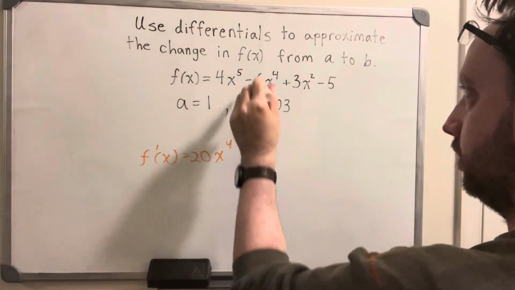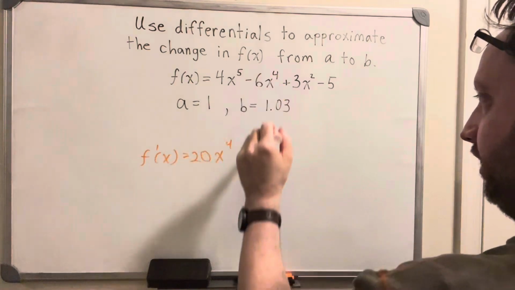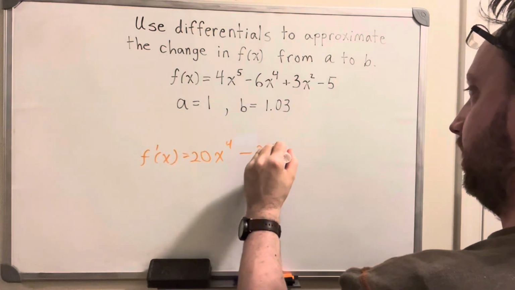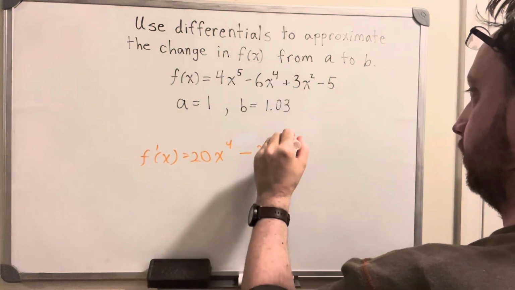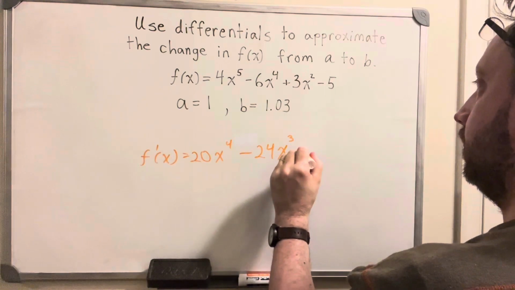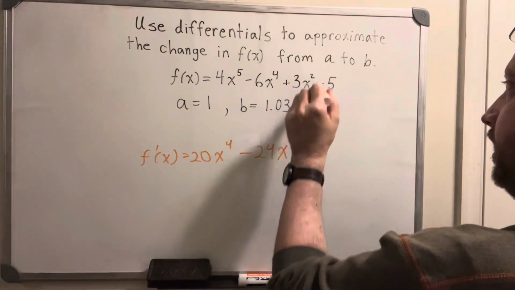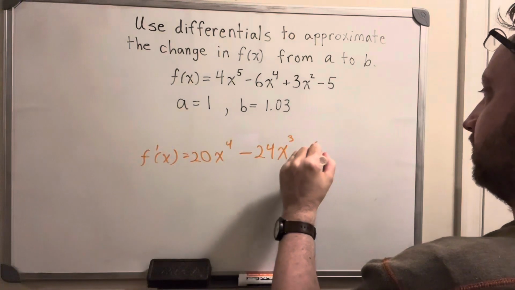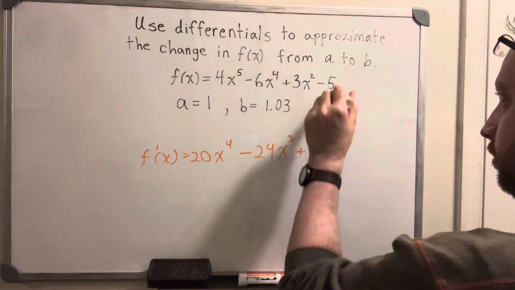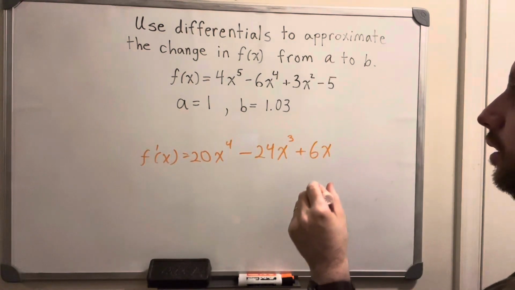Minus 4 times 6 is 24, x, decrement that 6 to a 5. The derivative of 3x squared is 2 times 3, which is 6x, and the derivative of a constant is 0.